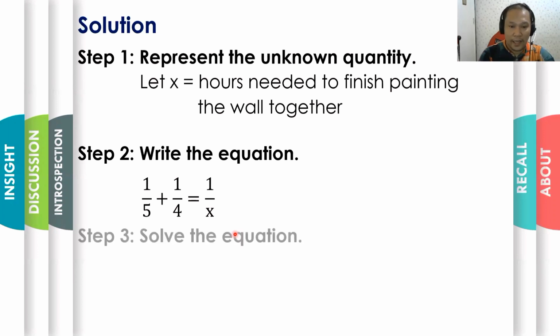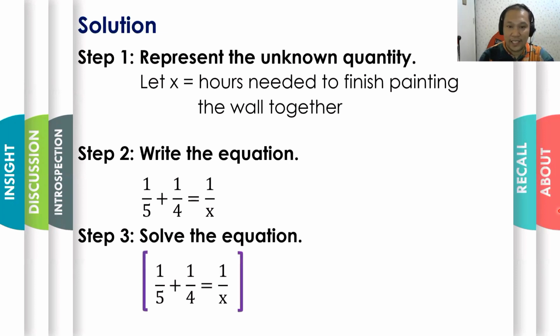And then applying the concept of solving equation, we have to get our LCD. The LCD will be 20x. And then after that, the LCD will be divided to each denominator. Then whatever the quotient is, multiply to your numerator.